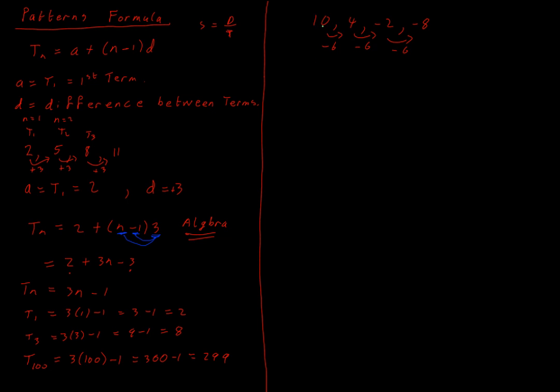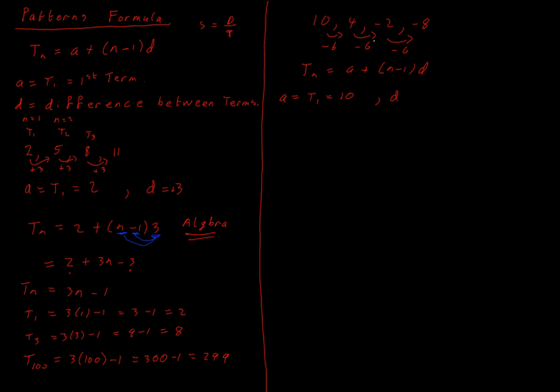Now, if I want to know what the rule is for this, the Tn for this, or the nth term for this, I'm going to write down my formula, which I will get used to over time. It's a little bit strange now, but we will get used to it. And my A, I know, is my first term, which is 10.